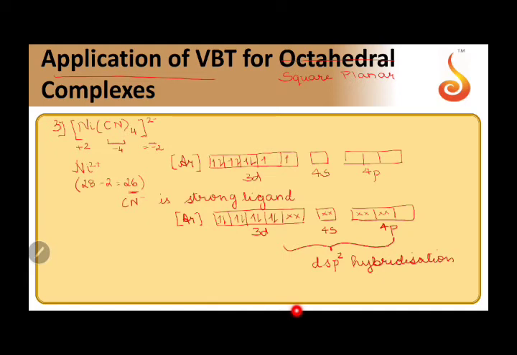So this is the electronic configuration of the complex Ni(CN)4 2-. This was configuration of only nickel metal ion. Hybridization is dsp2. For dsp2 hybridization, we see that the geometry would be square planar.